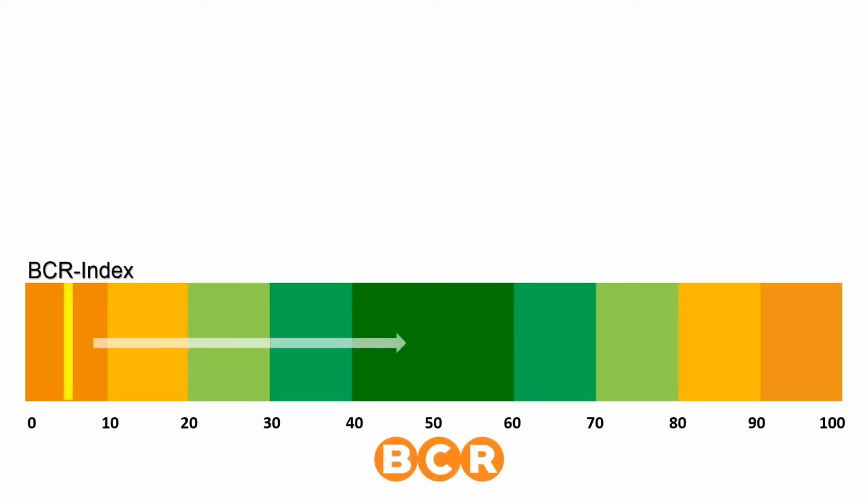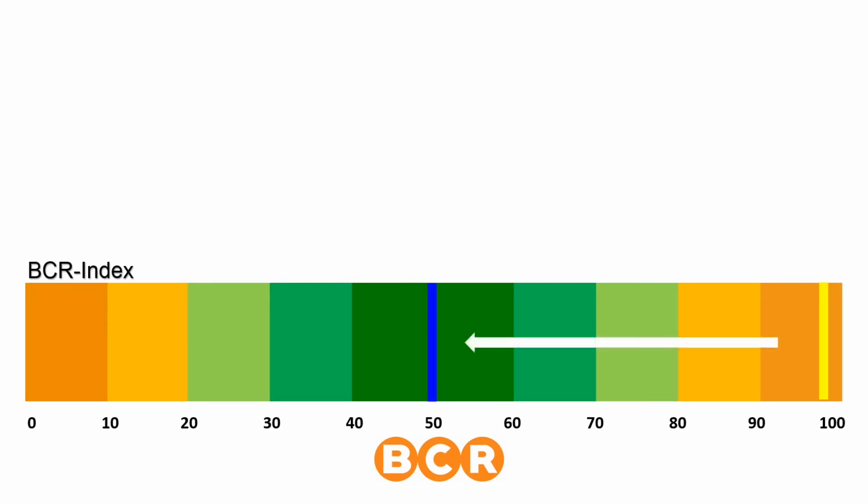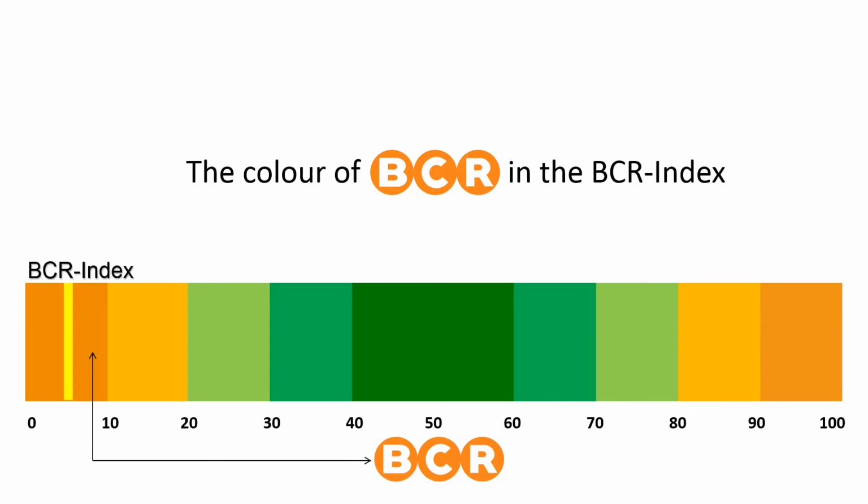So if your start is close to 0, then it has to bring to 50. And if your start is close to 100, then your blue must move towards the middle again. Now let's look at the color of the BCR index. In this case you see the color is orange. The color represents the box in which the yellow bar is.